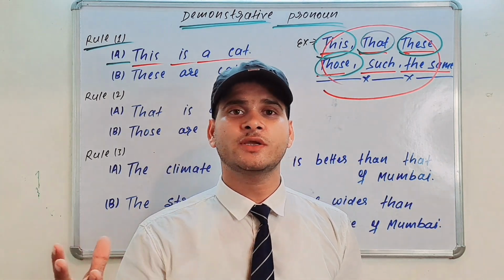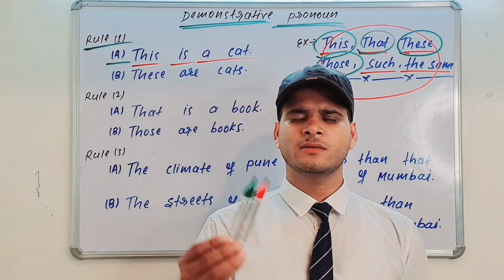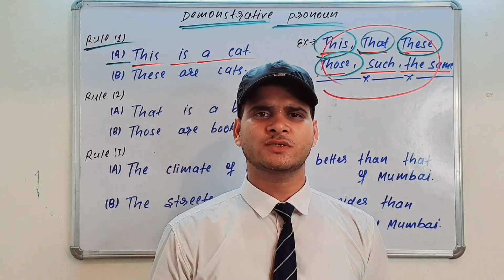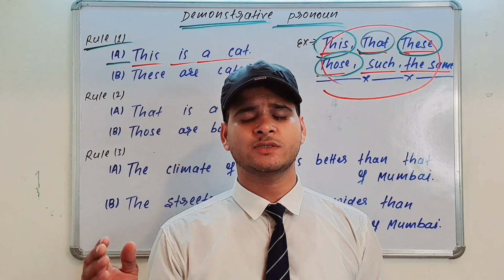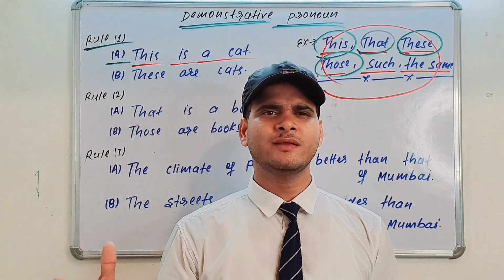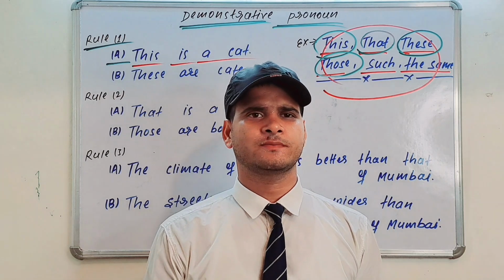Everything that is nearest to you, you can use it for: this is a marker, this is a shirt, like that. It is very easy and very flexible to use in sentences.